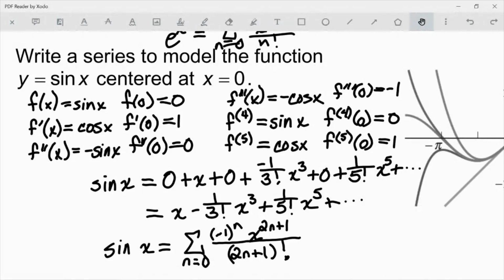I might only need 3, maybe 4 terms in that series, and I can get really accurate results, out to the 4th, 5th decimal place. So it's a very easy way to model these functions very accurately. And then we'll eventually start thinking about derivatives and integrals of the sine function, and rather than working from the sine function, we can work from the series. So we'll see that down the road.